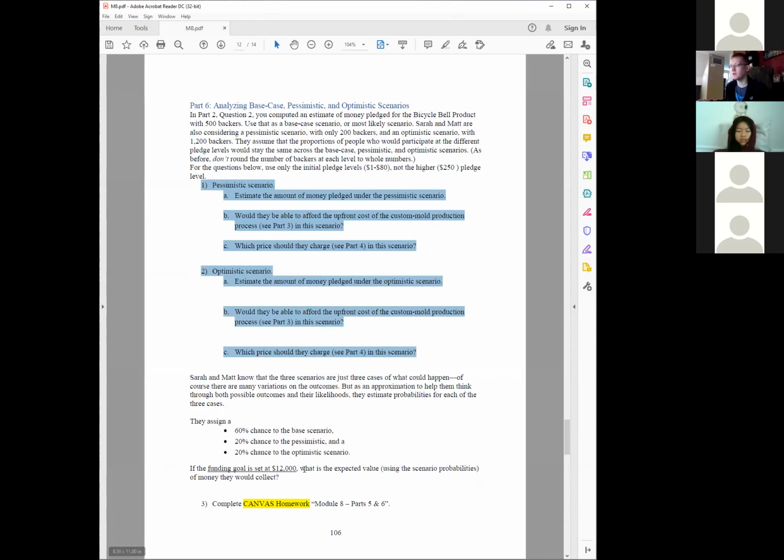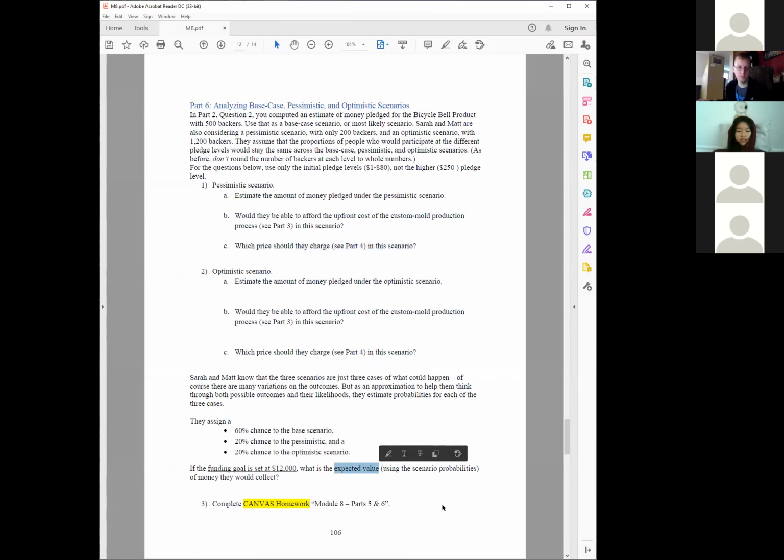And then the final question is another expected value question, where this one's a little bit easier, I would say, than part 5, because they give you the probabilities. And the only trick to this question is they're not asking the expected value of money pledged, which would be the numbers we got up here.